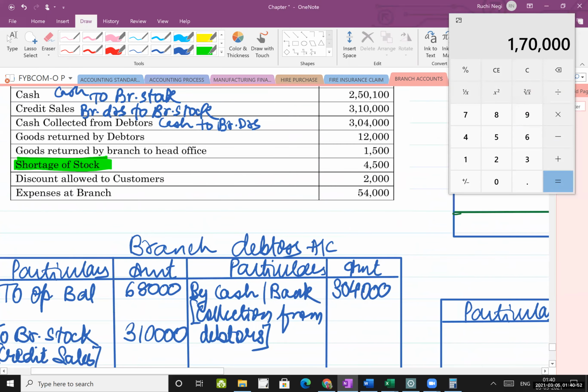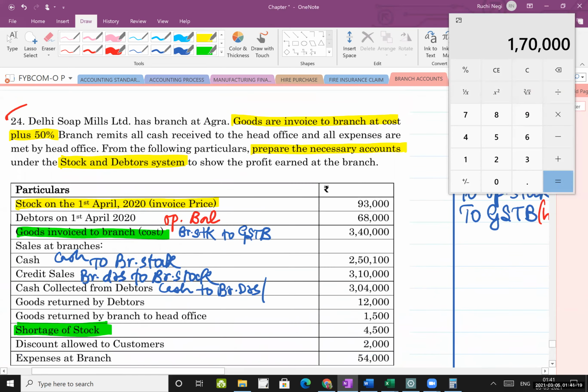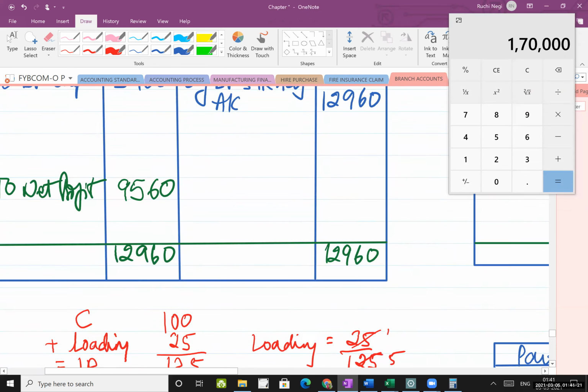Okay, and don't forget one assumption over here which is very important, that whatever money comes to the branch, whom does the branch give it back to? It gives it to HO. So HO will return it back to the branch. Okay, don't forget that part. Yeah, that is your collection, whatever money the branch gets. See, this we had done.